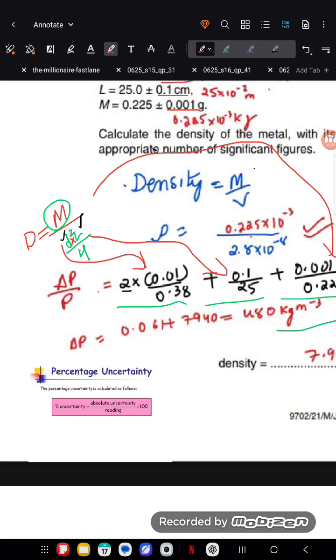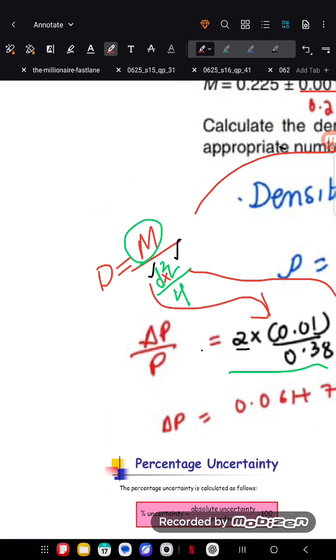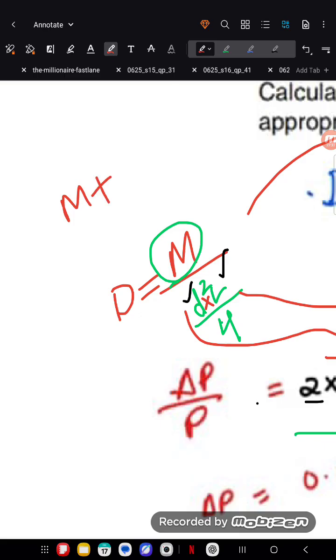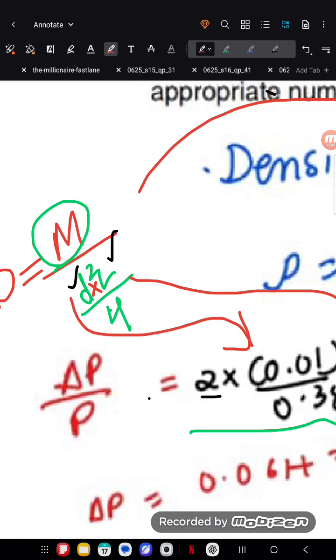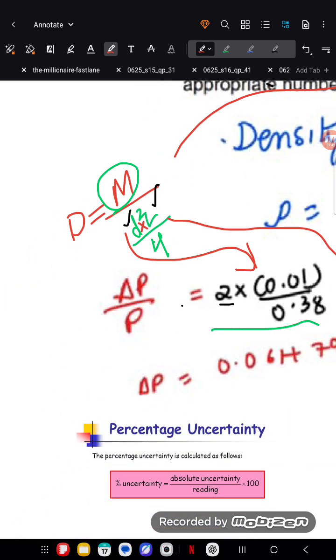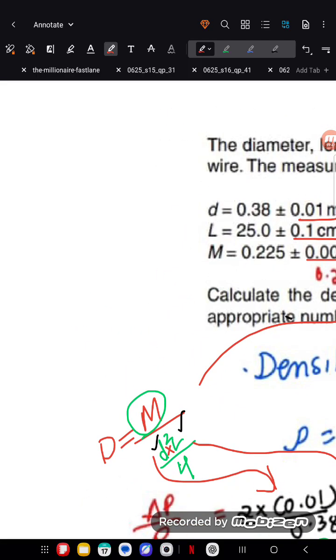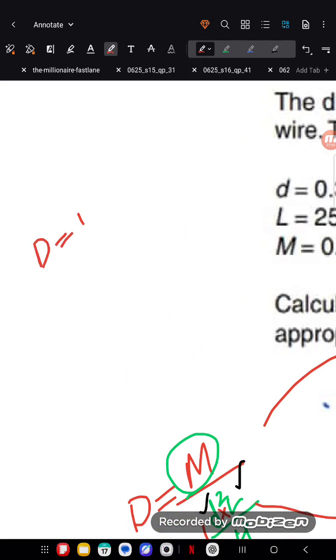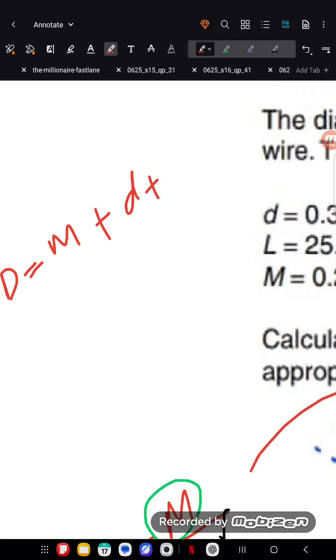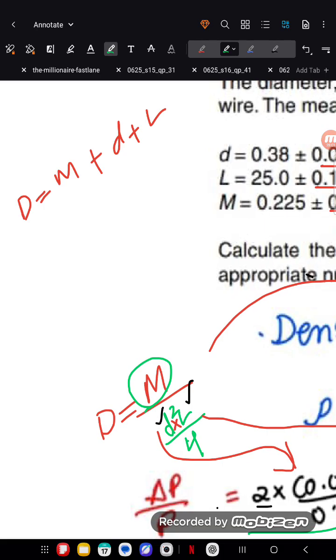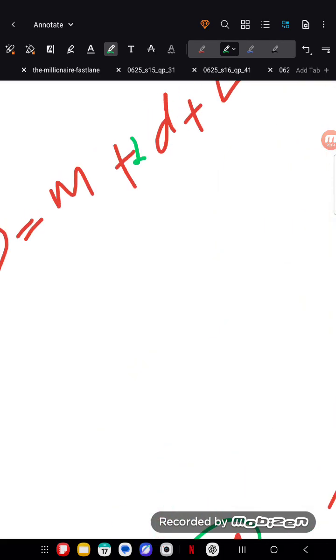So m, okay, m d, I mean plus, this will be like this, d is equal to m uncertainty plus d plus l, right. So d, you know, has a power, that's why we'll multiply with 2.